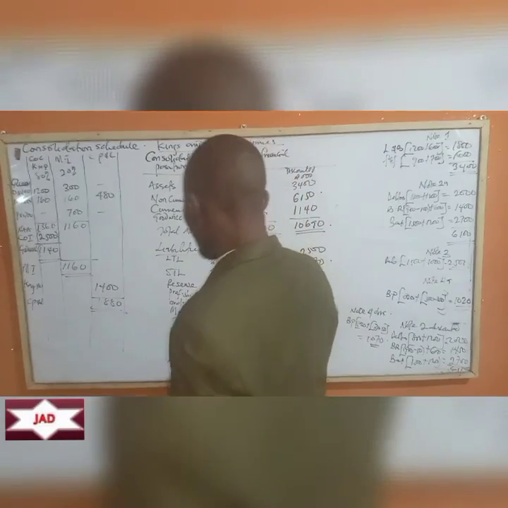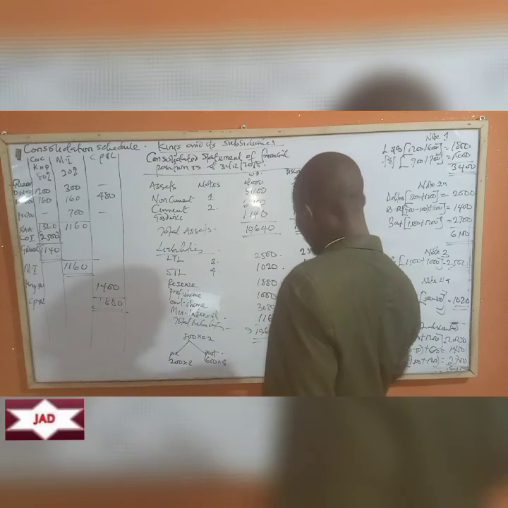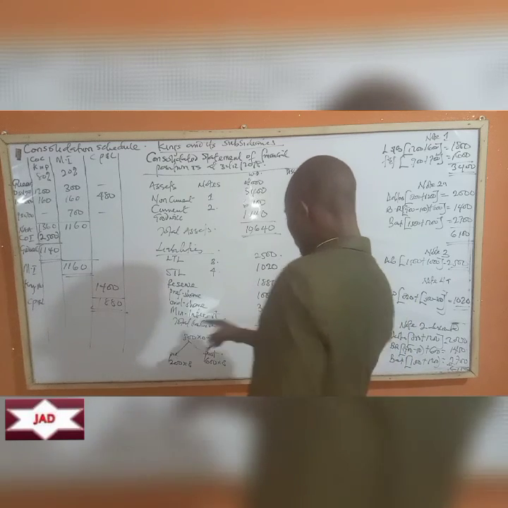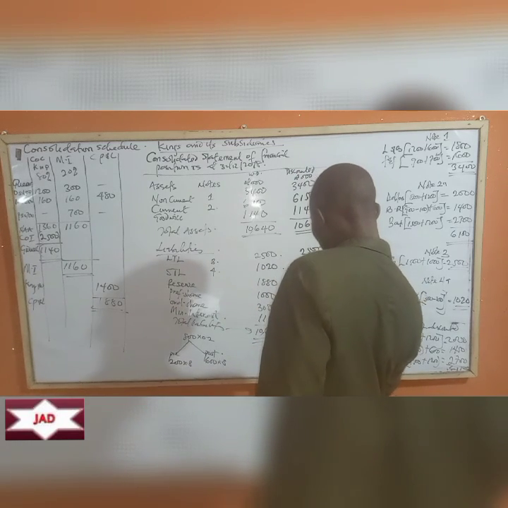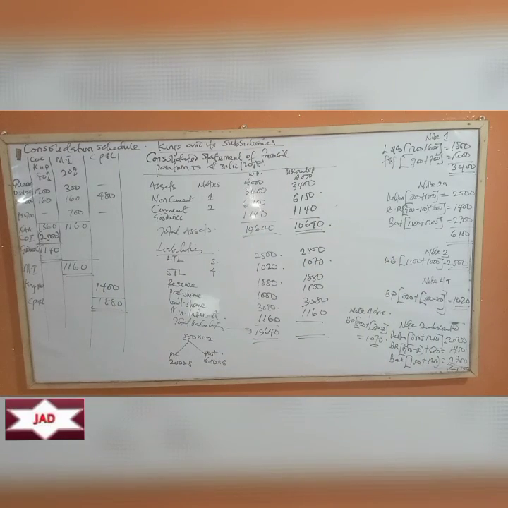Your reserve will remain the same. Preference share will remain the same. Ordinary share remains the same. Minority interest remains the same based on the question. So let's add. So we have 2,500 plus 1,070 plus 1,880 plus 1,000 plus 3,080 plus 1,160. 10,690.